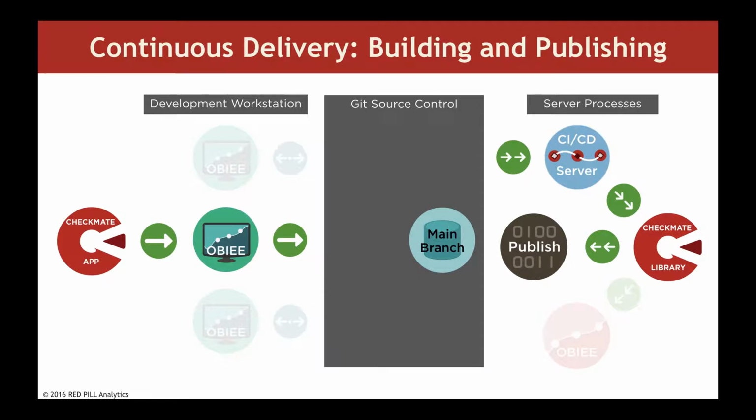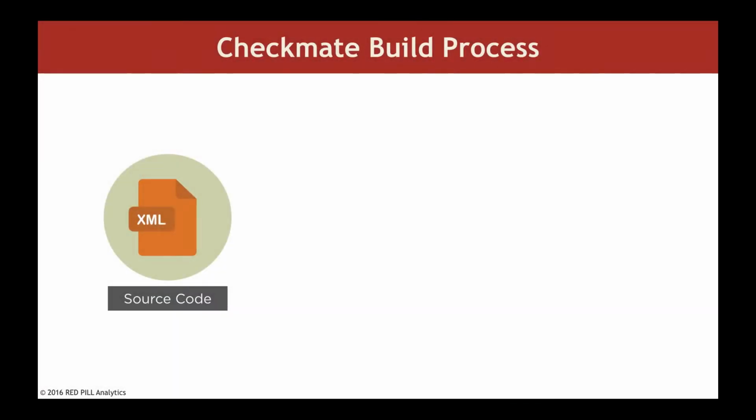But that's the idea of publishing, or at least taking the artifacts that we have from source control, building those and publishing them. So what that process looks like is in source control, as I mentioned, we have primarily XML content for our metadata repository and for our catalog.